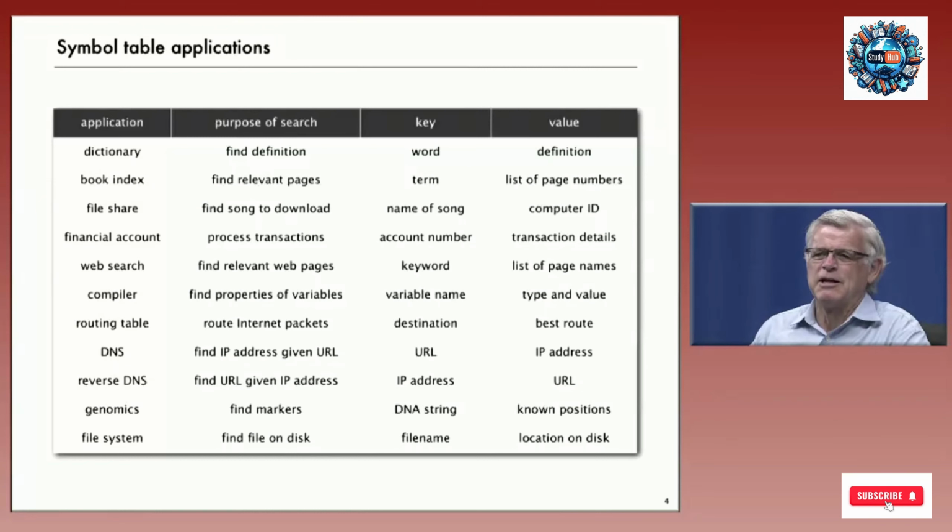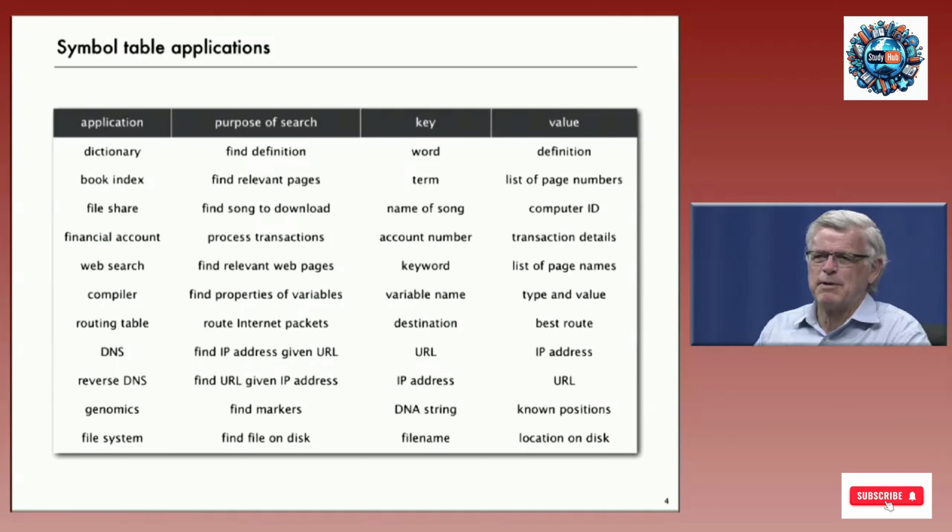And there are many, many other applications, including scientific applications, where, say in genomics, people use symbol tables to keep track of finding markers in a genome, and again, many other applications.